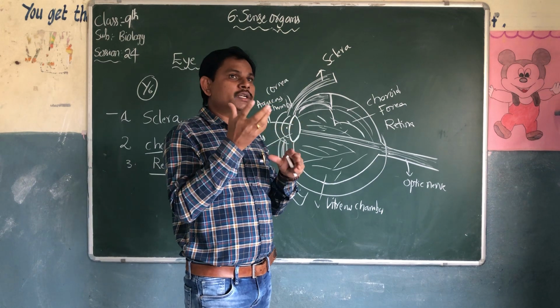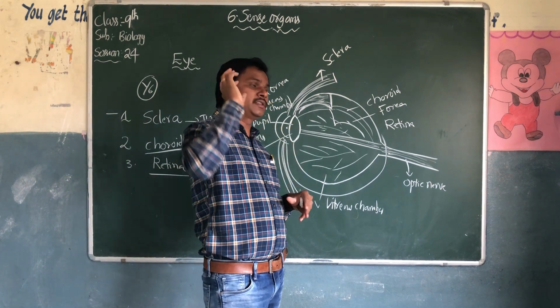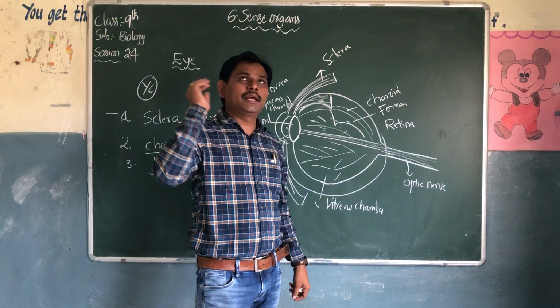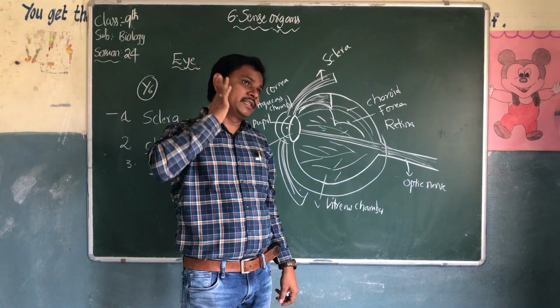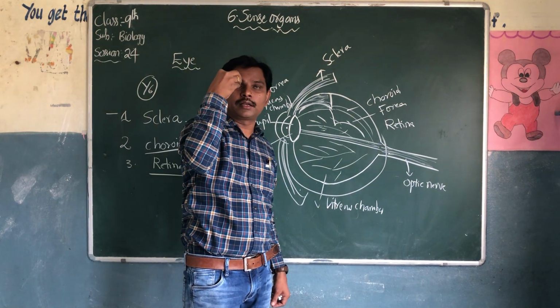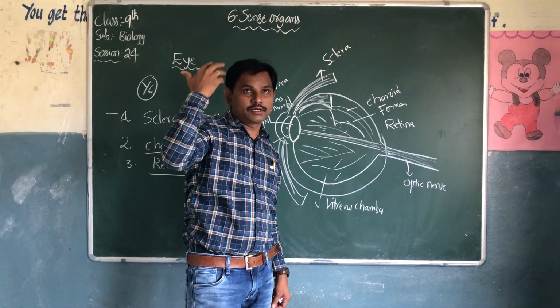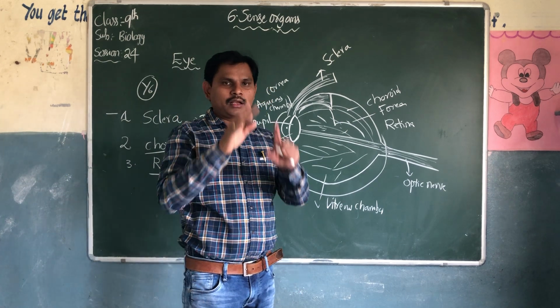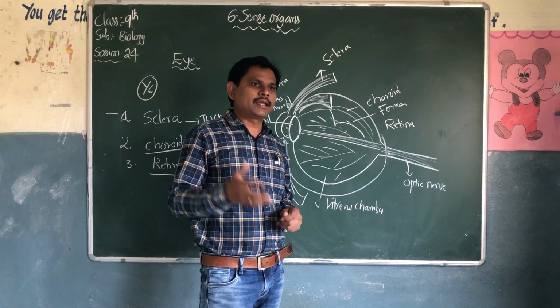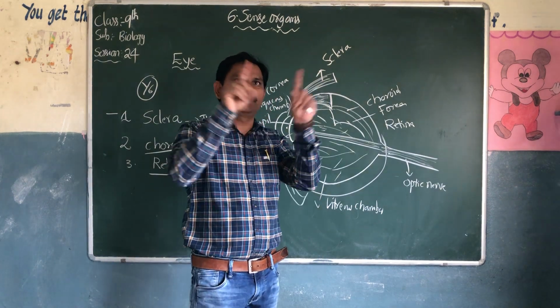It will be converted to the right direction. In the brain, it will finally be analyzed, and finally we see the object. But when the image falls on the retina, it is in the reverse direction. I think it will be explained clearly in the physics classes, in higher classes, in 10th class.